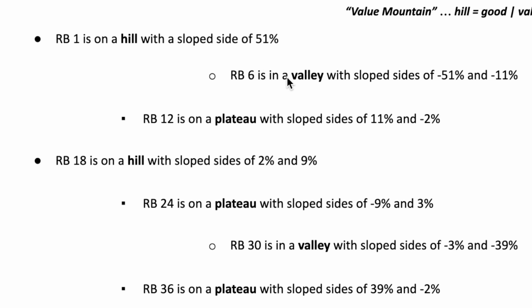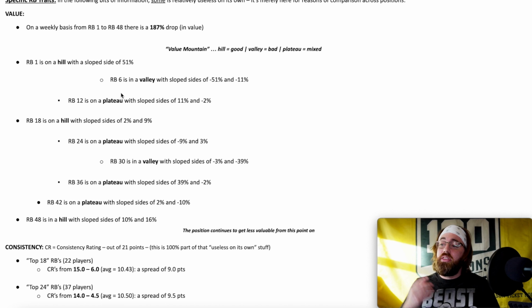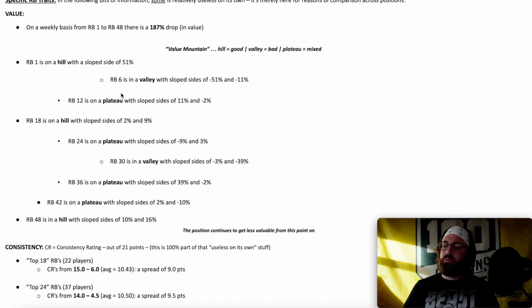Or the running back 6's output, on average per week, is 11% more valuable than the running back 12's output within the bubble of the RB6 through the RB18. That 11% advantage is about as big of an advantage as you can find among the relevant running backs outside of the RB1 on a weekly basis.